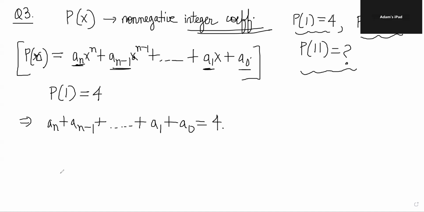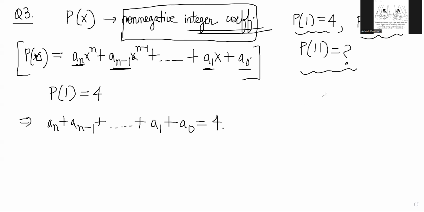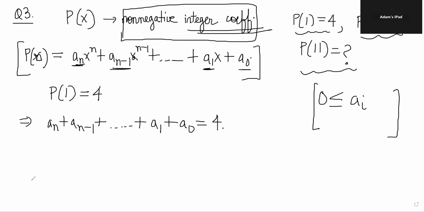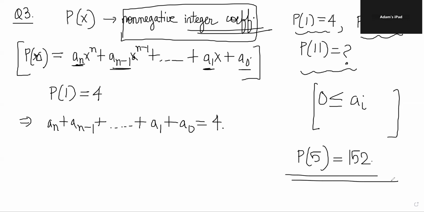And by the way, the condition that the integer coefficients are non-negative means each of the a_i's is something like this. And we also have P(5) is 152. So now think about it. If you have tried it, tell me. Otherwise, think about it.